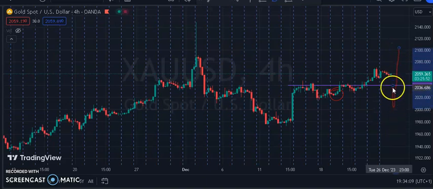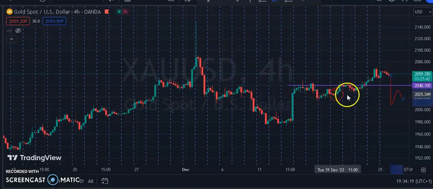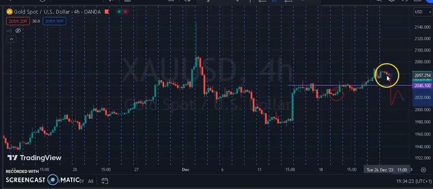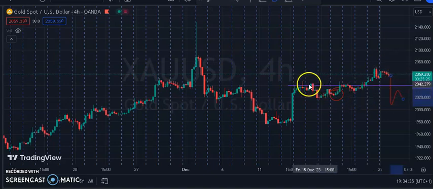But if price goes below and crashes like this and stays, then I will say okay, the buy perspective now changes to the sell perspective, because we broke where the price initiated the buys. We now take out that it's not support and resistance.